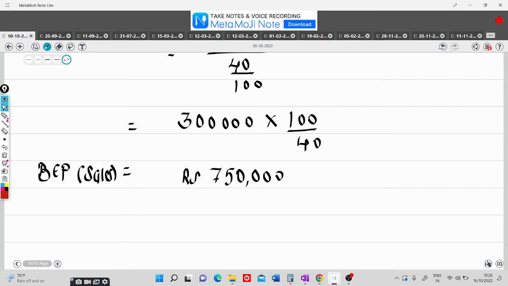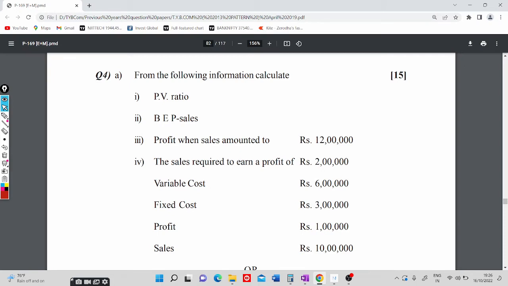Then we have been asked to calculate the profit when the sales are 12 lakhs. If the sales is at 12 lakhs, what will be the profit?